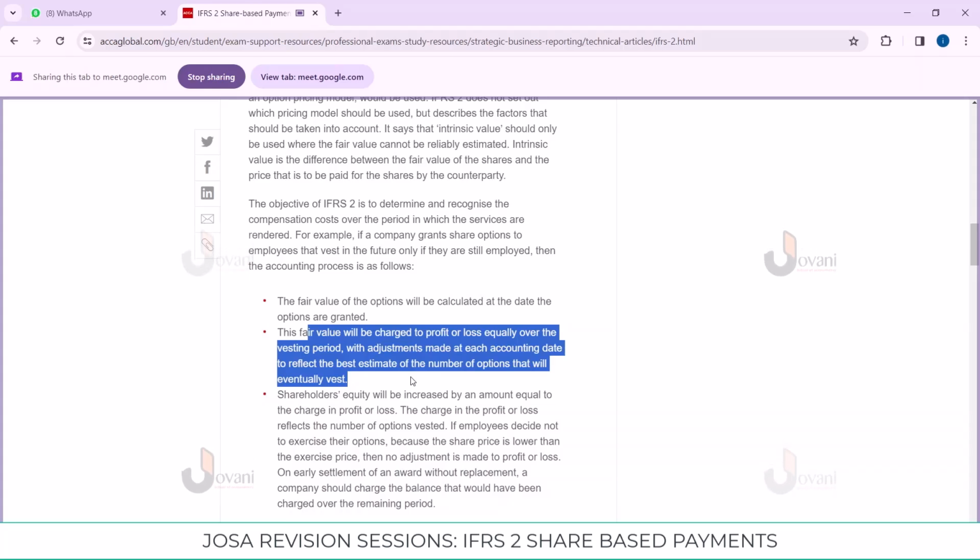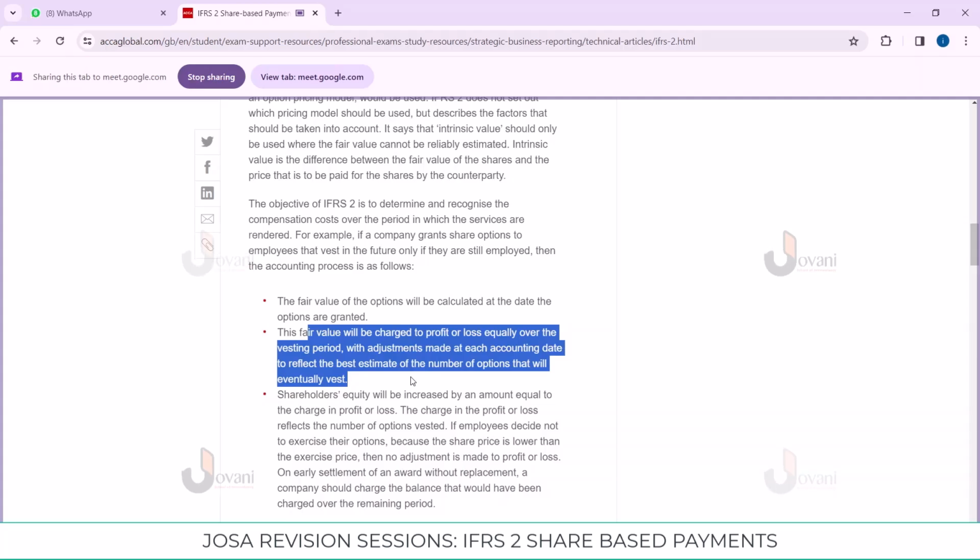Shareholders' equity will be increased by an amount equal to the charge in profit or loss. This is just double entry. Okay? You're going to expense, we said the fair value will be charged to profit or loss equally over the vesting period. This is the debit.